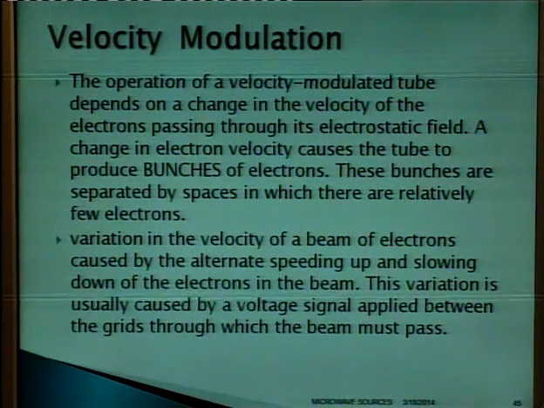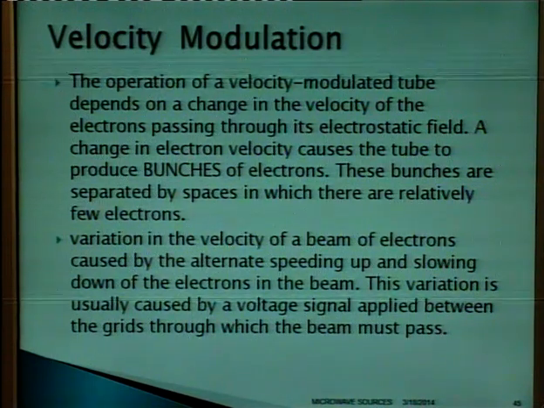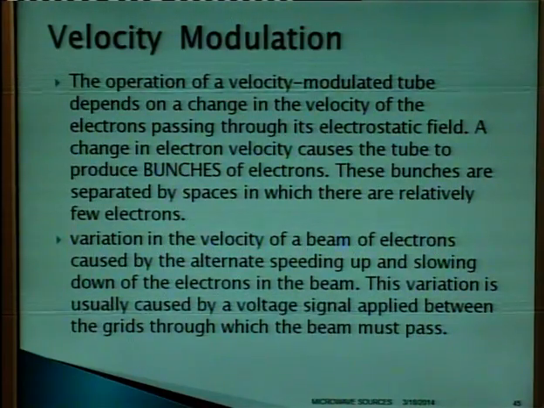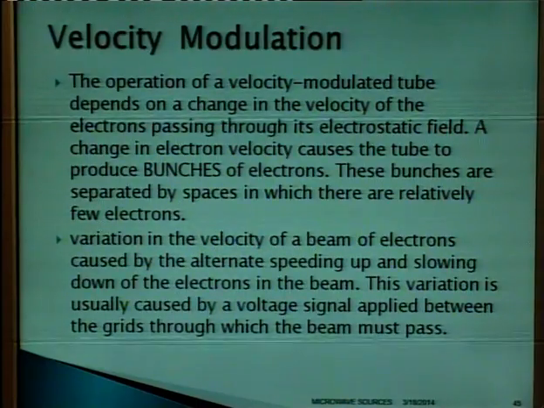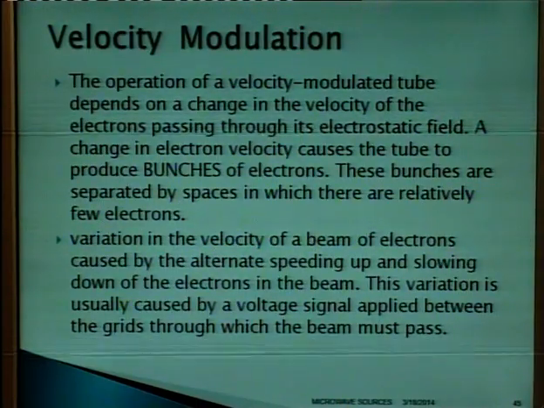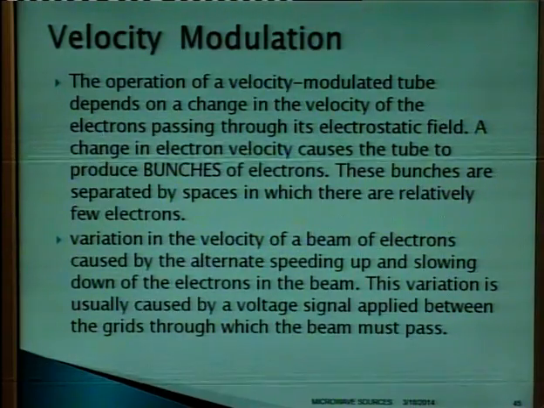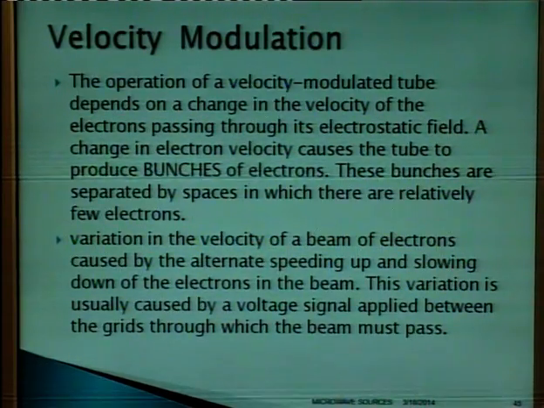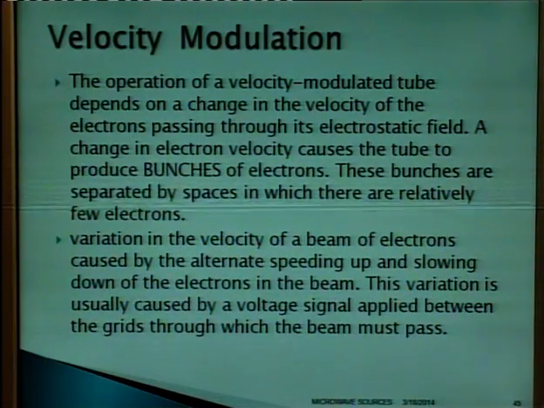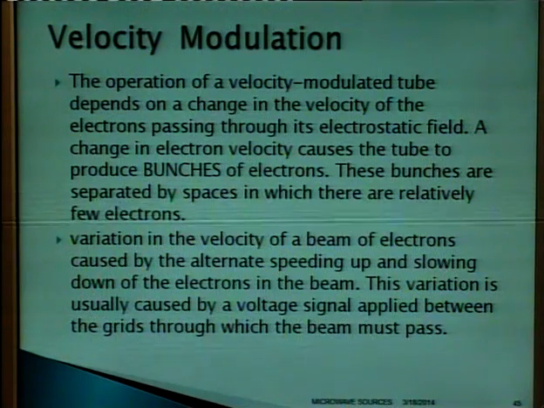We are changing the velocity of electrons, and by doing so we are forming bunches of electrons, and these bunches are separated by some space through which they drift, by variation in the velocity of the beam of electrons caused by alternating speeding up and slowing down of the electrons in the beam.